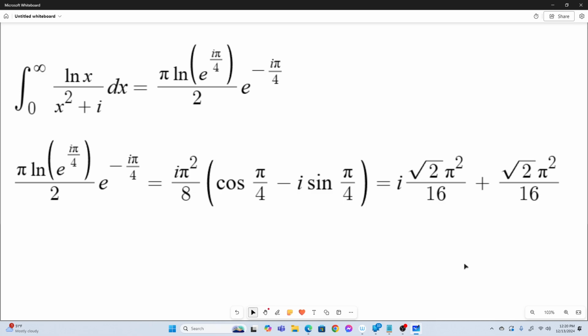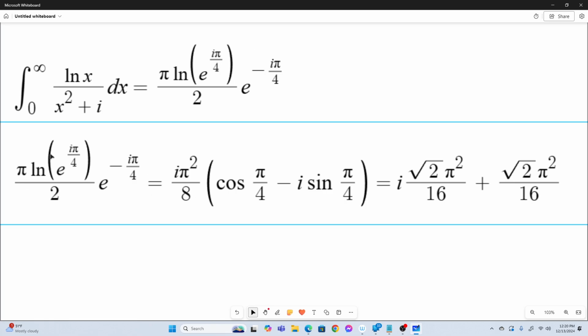All right, so now let's manipulate this a little bit. We can use the properties of e and natural log, which are inverse functions, to just make natural log of e to the i pi over 4. That's just i pi over 4. So when we multiply it by pi over 2, we get i pi squared over 8.